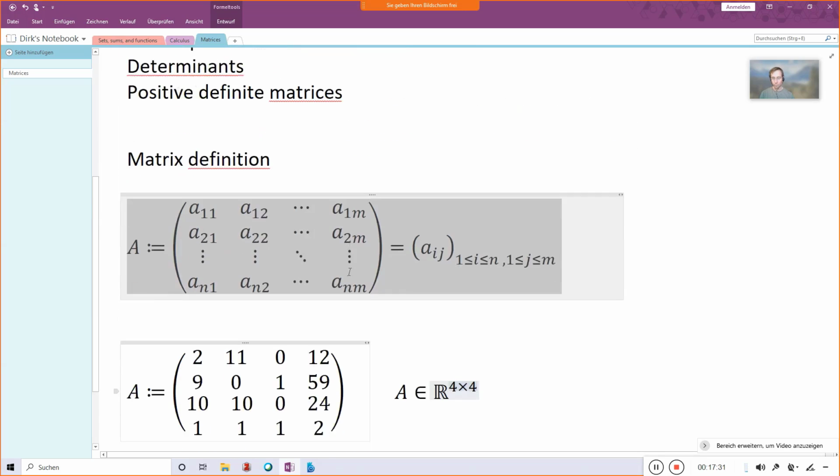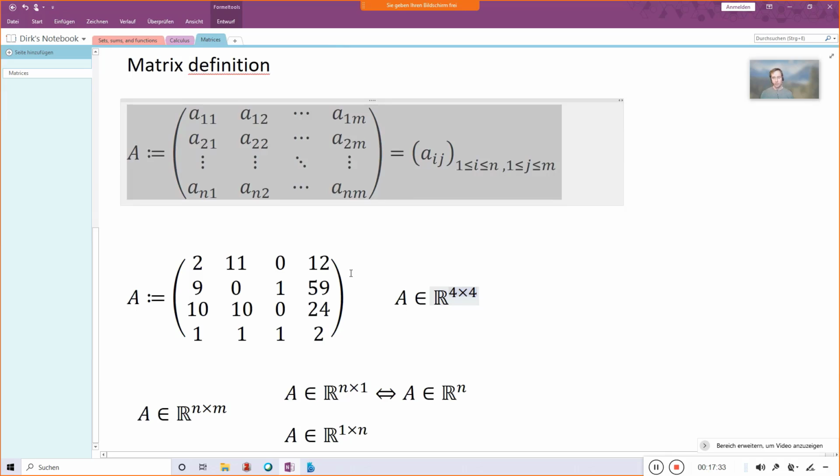No. Good. Now, you should view matrices essentially as the basic unit of computing in real life, basically. So instead of computing with numbers like you're used to from school, where you add 2 and 3 and get 5, in real life you add matrices.